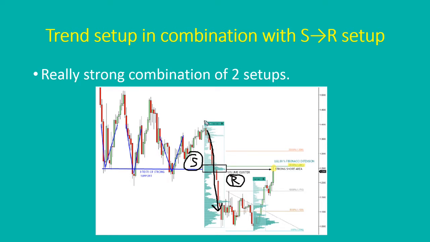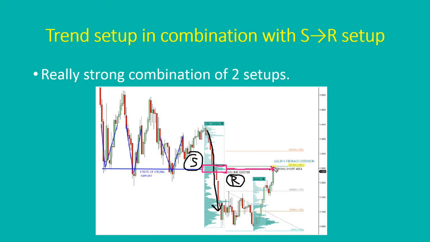And when there is a trend which goes past the strong support, and within the trend you spot a volume cluster like this one in the same area where the support became a resistance, then it is a very nice confirmation of the level, very nice confluence, and those levels are one of the strongest levels. So in this case, the level would be in here.